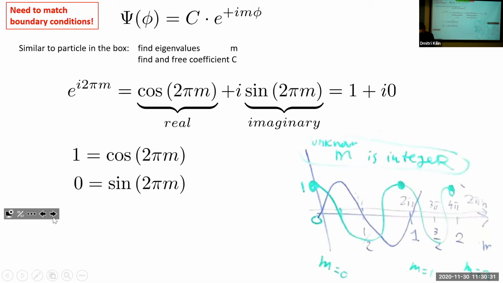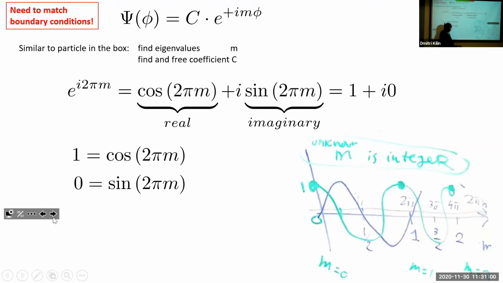Just in case you do not feel convinced, maybe you already do. It is my Euler function: cosine and imaginary sine. The imaginary part is 0, real part is 1, and then one can expand this equation onto two equations. 1 equals cosine 2 pi m, 0 equals sine 2 pi m.